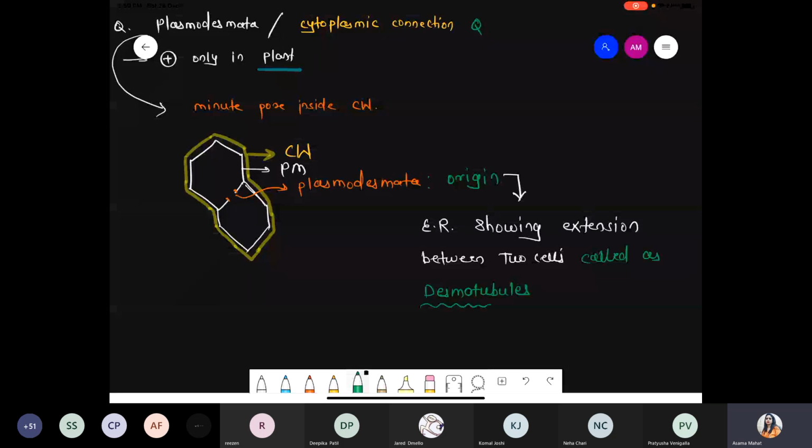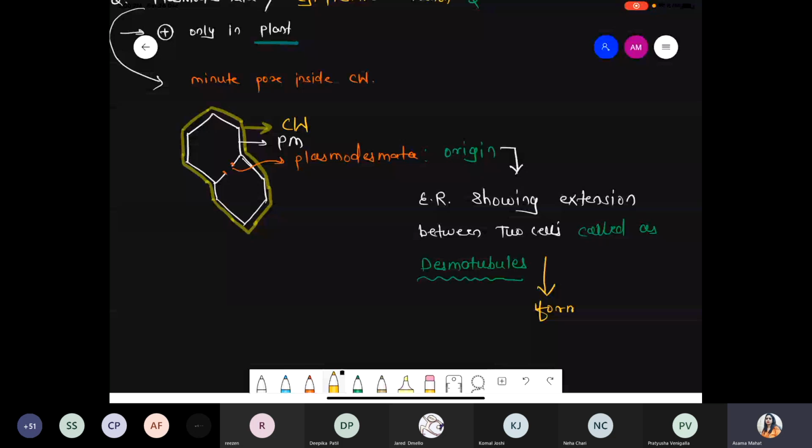Now all these desmotubules that form finally form a cytoplasmic connection, and that cytoplasmic connection is called the plasmodesmata.